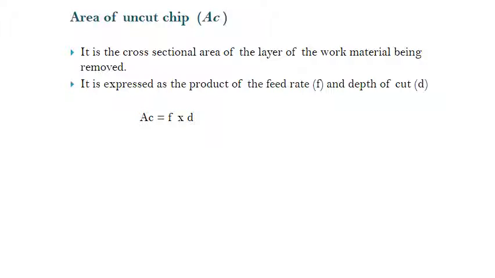So the area of uncut chip is given by A_c = f × d, where A_c is the area of uncut chip, f is the feed rate, and d is the depth of cut.